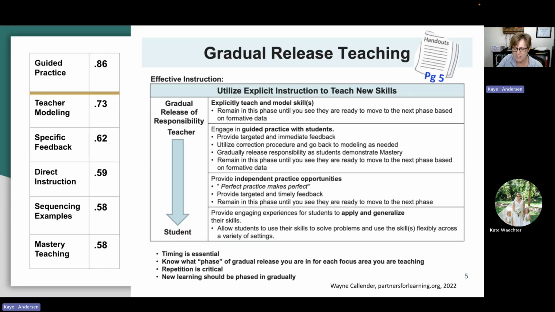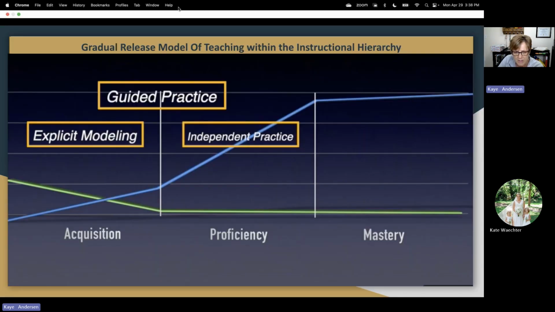We have used the gradual release model of teaching in past sessions to help outline what it might look like in these different areas of math skills acquisition. We're going to refer to this a little more as we go on. It's also in your handout so that you have it for further reference as you think about how you're going to build and improve retention in your classroom.